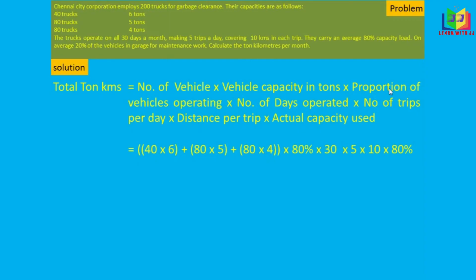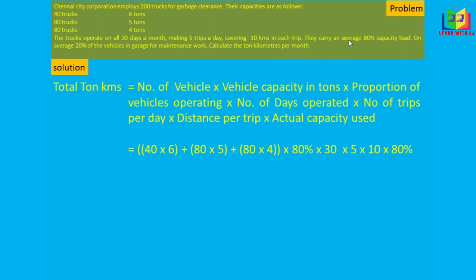Next is the proportion of vehicles operating. Here 20% of the vehicles are in the garage for maintenance work, so we take 80% only. Proportion of vehicles operating is 80%, number of days operated is 30, number of trips is 5, 10 kilometers each trip, into the actual capacity used.